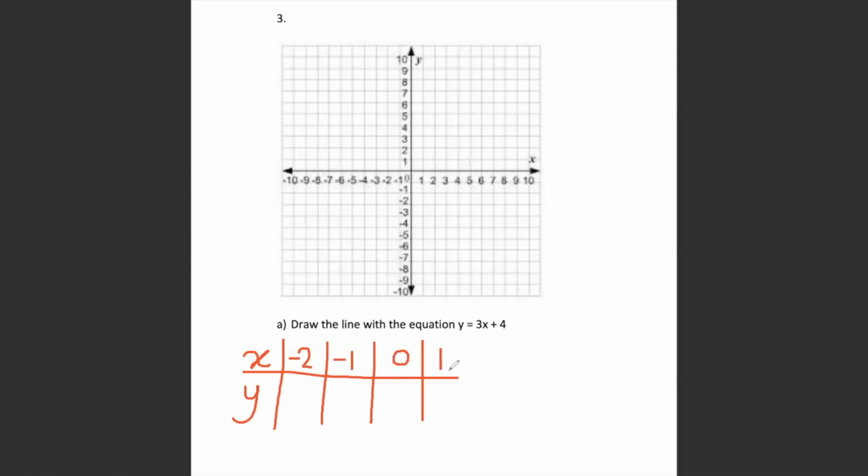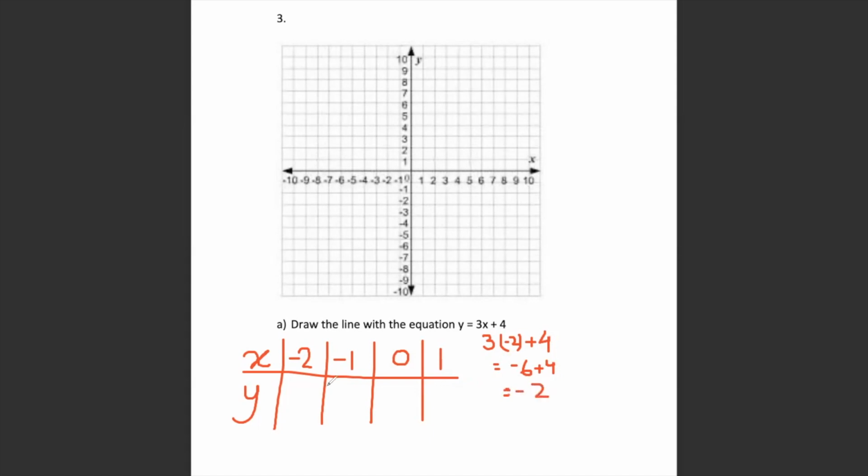Let's go with these values. And let's substitute these values in this equation to calculate the corresponding values of y. So for x equals -2, y will be 3 times -2 plus 4. So 3 times -2 is -6 plus 4. So that's a -2.